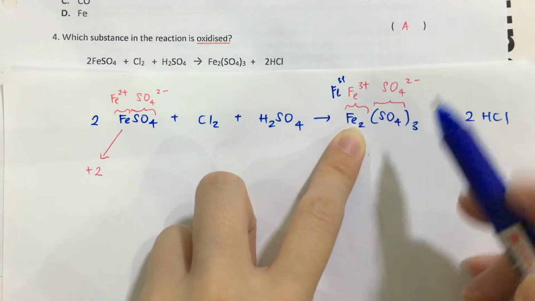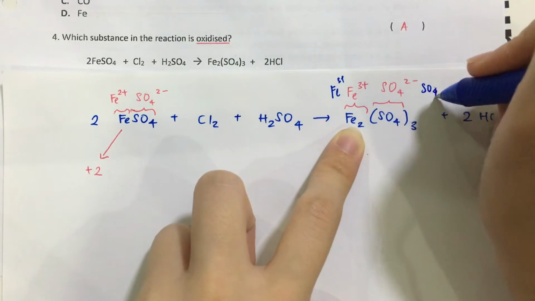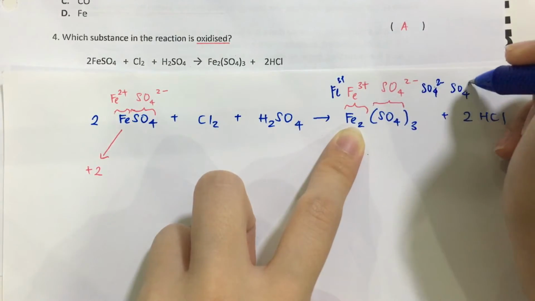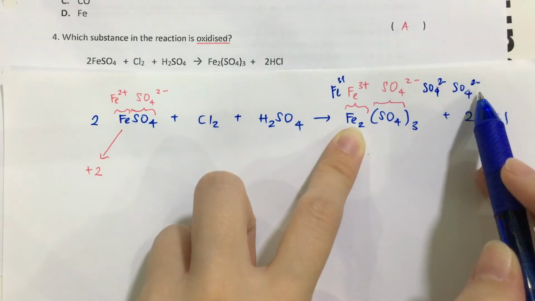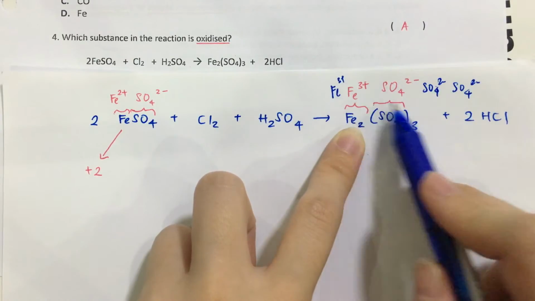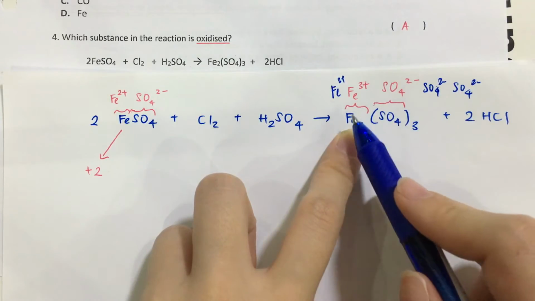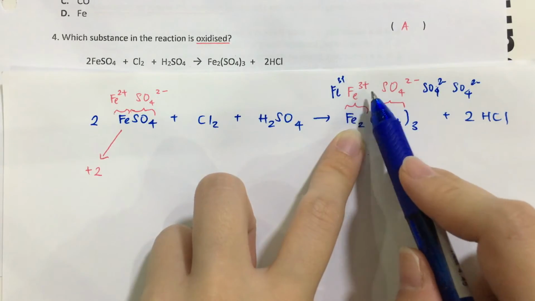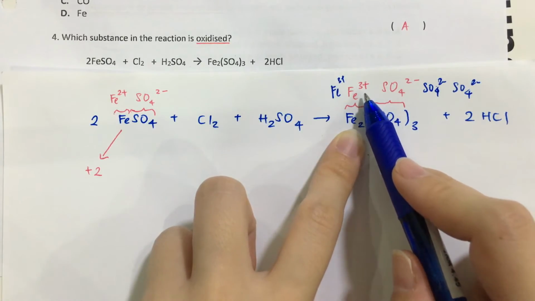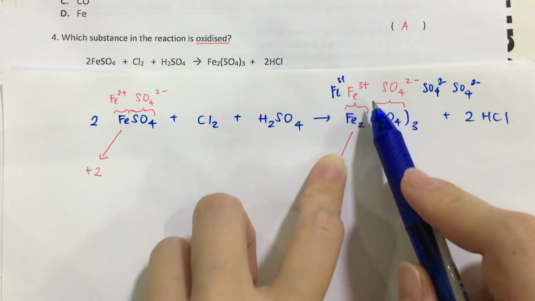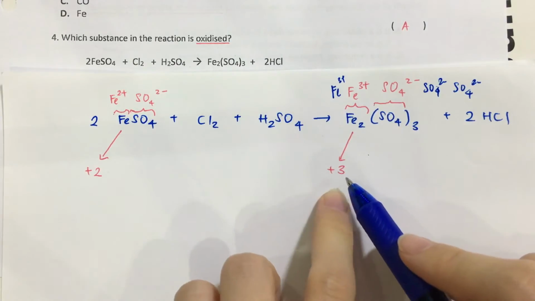Sulfate ion, there's 3 of it. So SO4 2-, SO4 2-, SO4 2-. Here you get 6-. So this is where we balance all our charges to get the chemical formula. So we know that the charge of iron has to be 3+, which leads us to know that if the charge is 3+, the OS of iron has to be +3.